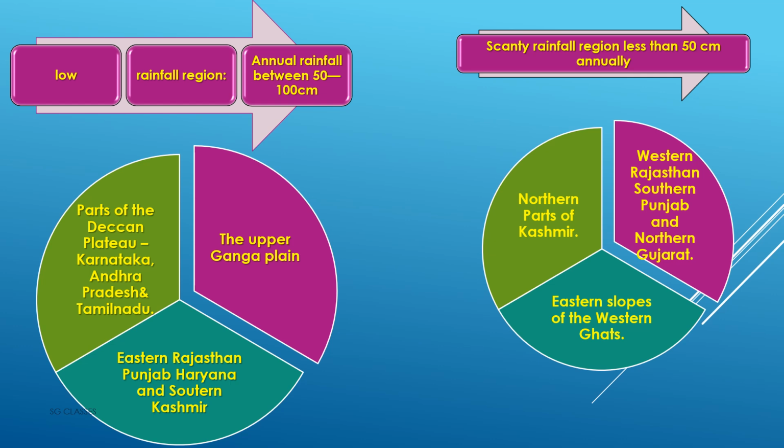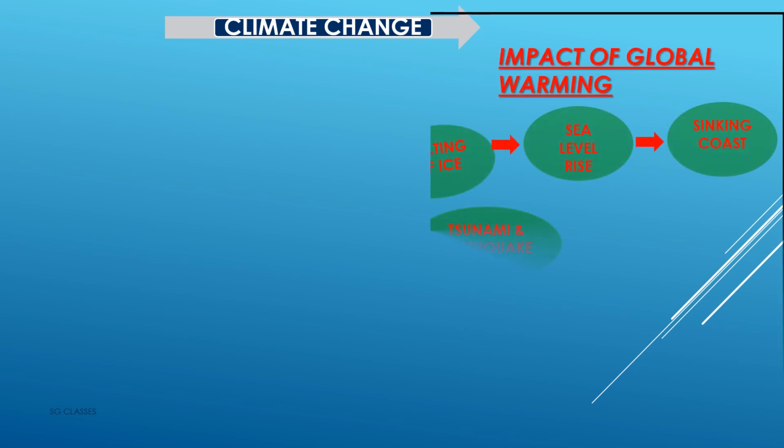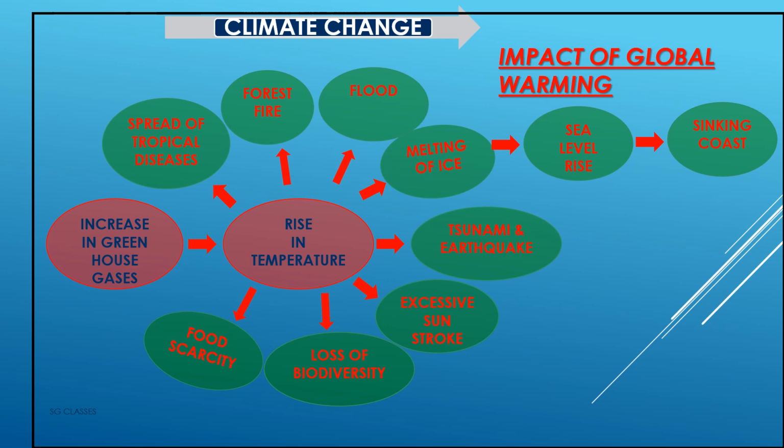Now further we will discuss climate change, because we are talking about climate, seasons, and the distribution of rainfall. Here we will discuss some points on climate change, the impact of global warming and all. You can see through this slide that temperature is rising day by day.